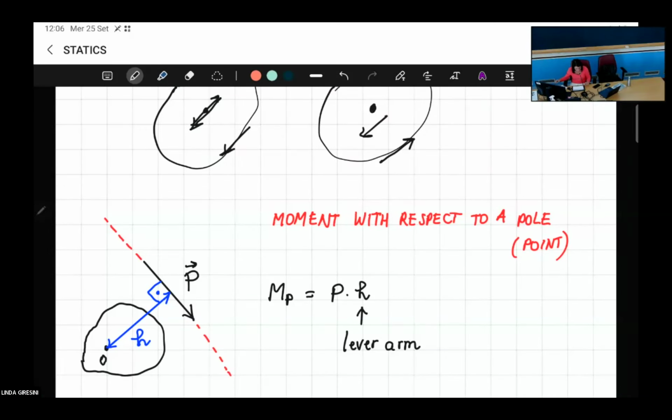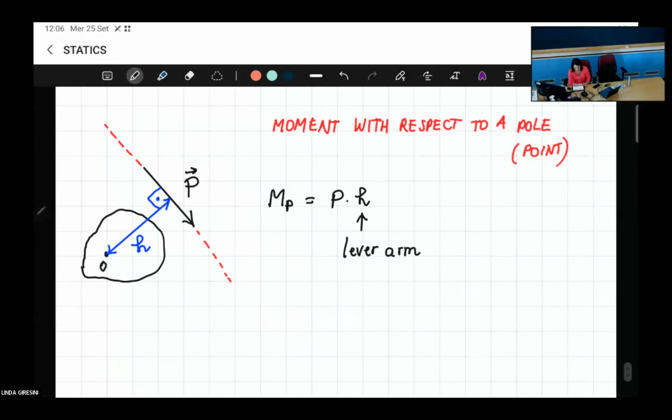This is important. We will use this expression a lot when we have to solve exercises, especially with beams.